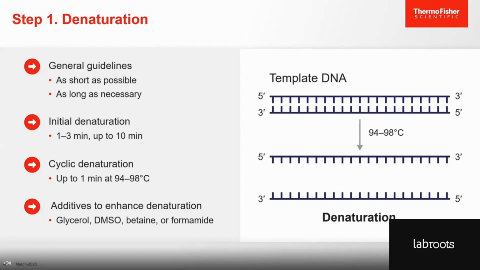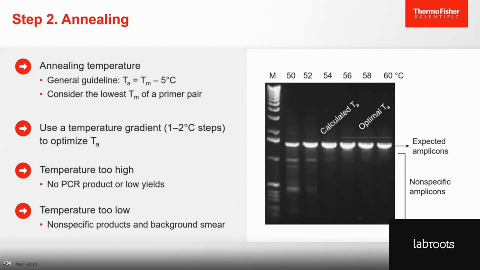The annealing step follows denaturation in PCR. Temperature is lowered to allow primers to bind to the single-strand DNA template. The annealing temperature, Ta, is usually 5 degrees Celsius lower than the melting temperature, Tm, but it depends on the polymerase and primer length. The lowest Tm of the two primers is considered.